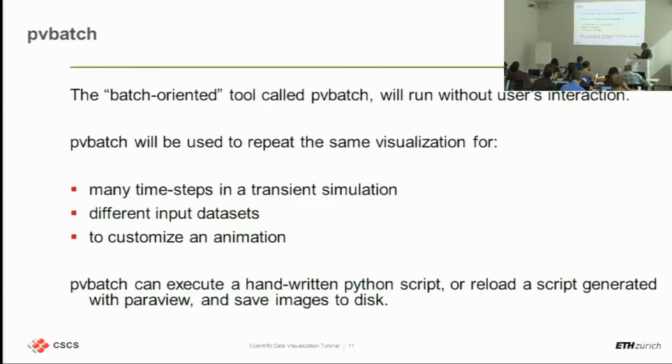pvbatch is the batch-oriented tool, and it can run in parallel, and it will be used in many cases. For example, if you have multiple time steps in a transient simulation, or if you have different input data sets to customize an animation, and so forth. To use pvbatch, you can reload a script generated with ParaView, or you can give it a handwritten script.